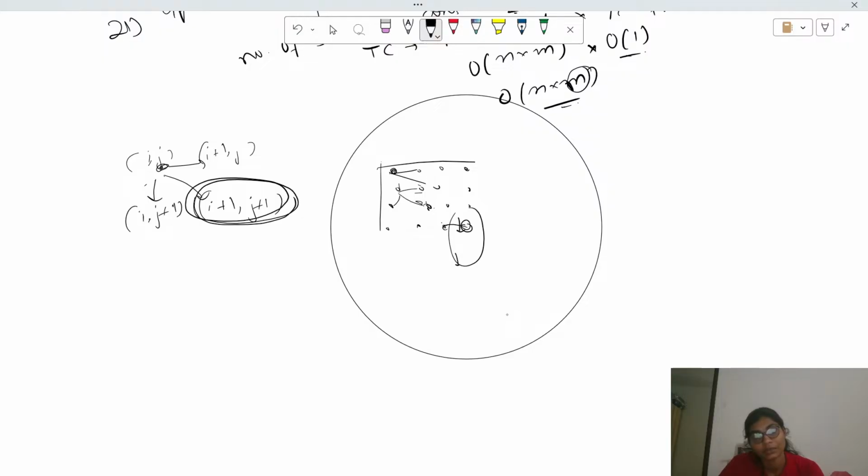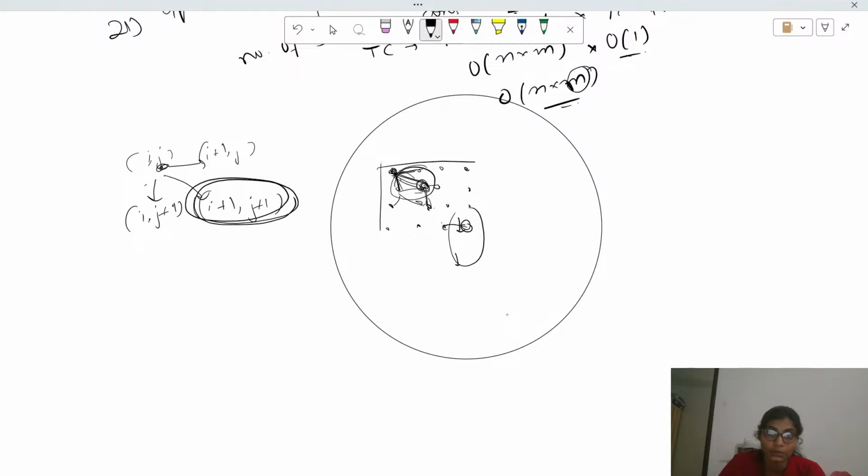If the maximum of these three is this one, we would only have to traverse this state now, right? Whenever the maximum is one of these three, we have to traverse only that state to find the answer, because the answer is coming from that state only, right?